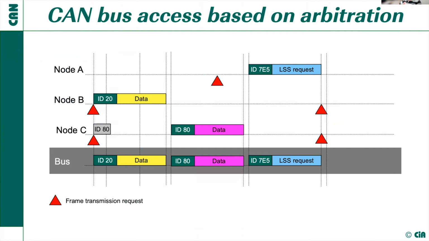So I just remind you a little bit of the bus access based on arbitration in CAN-based systems. If two CAN frames are competing for bus access, then they get access according to their priority coded in the CAN identifier. In a CAN identifier there resides, on the one hand, a unique number for this frame as well as the priority.